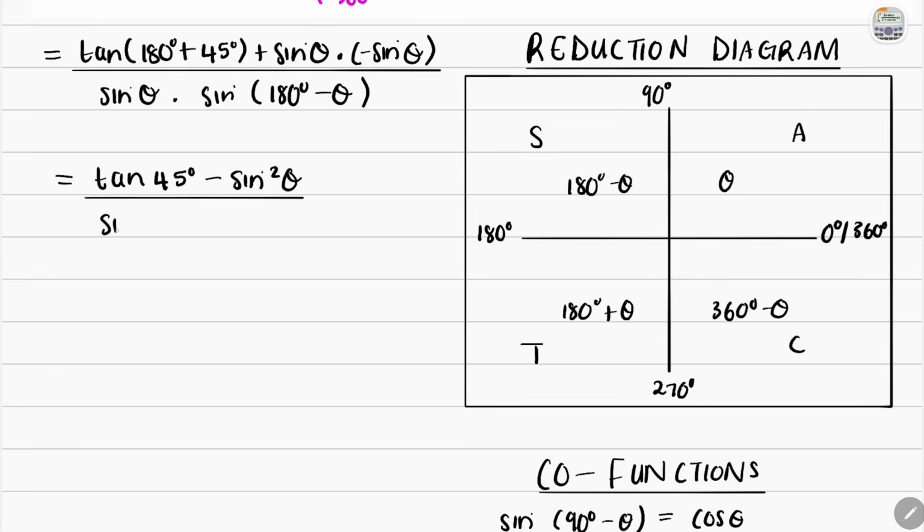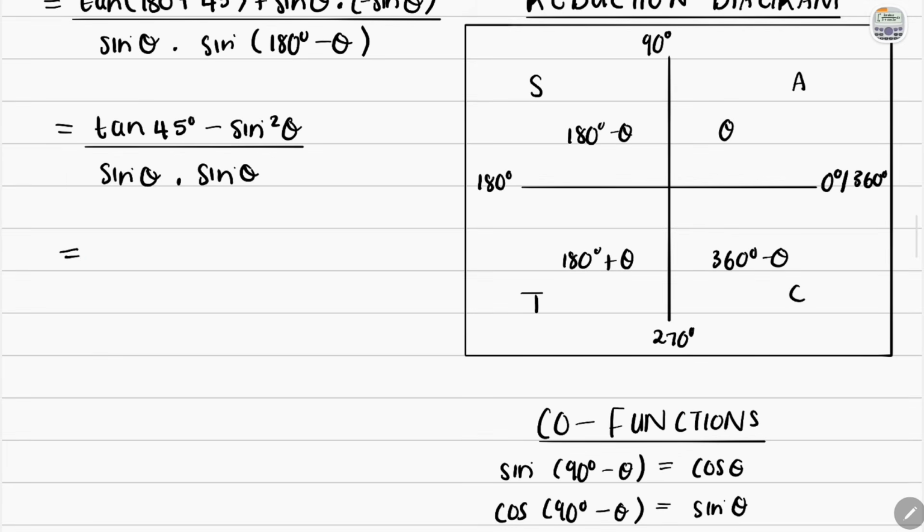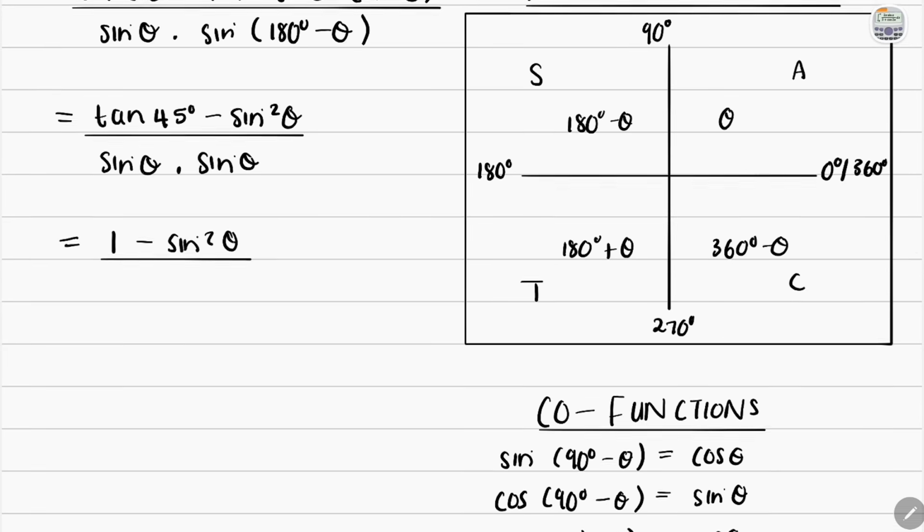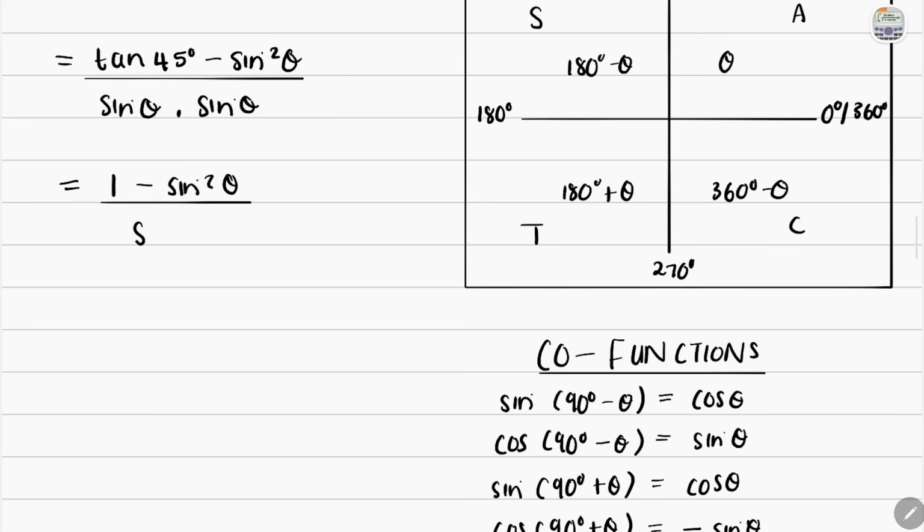And here we have sine theta multiplied by, see, 180 degrees minus theta, this is in sine's quadrant, so this just stays positive sine theta. And here, tan 45 degrees, you can use your calculator. It's going to be equal to 1. And then we have minus sine squared theta all over, and then sine theta times sine theta is sine squared theta.